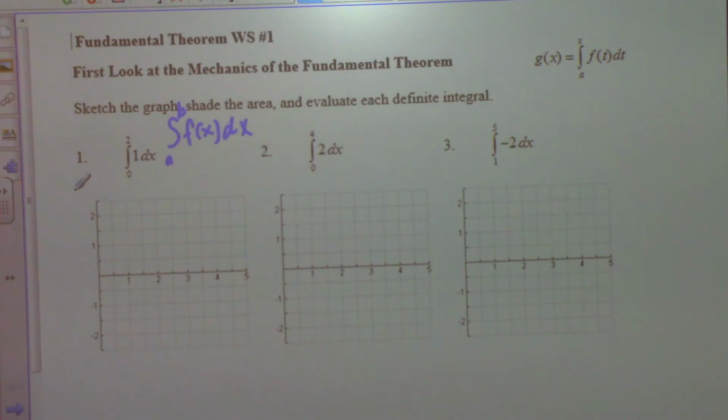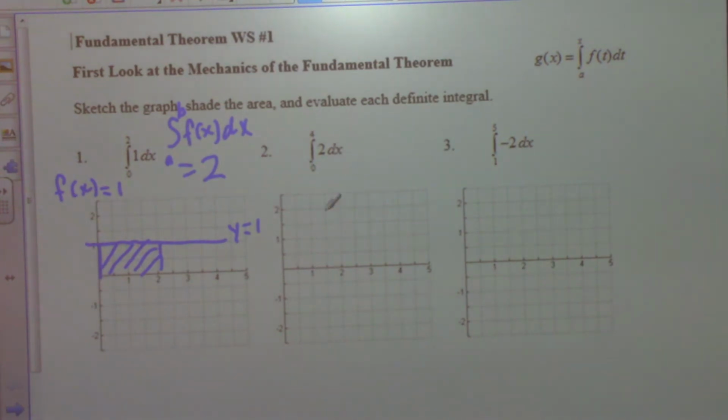It's going to be f of x, thank you Gavin, equals 1. So we just write y equals 1. And then we have from 0 to 2, so we go from here to here, and then we have this rectangle whose area is 2, okay?